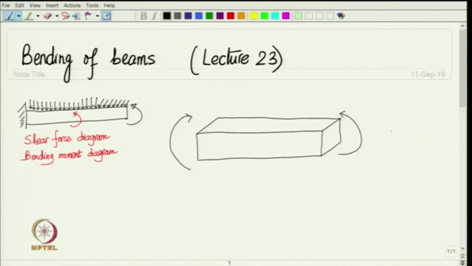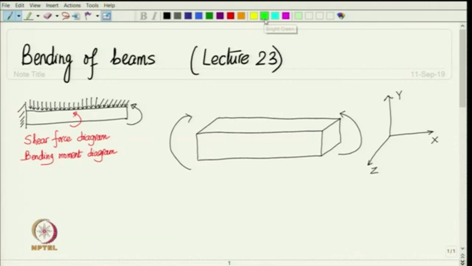Let us define the coordinate system here. So, suppose x axis is along the axis of the beam, y axis goes vertically upward and z axis is coming out of the paper. Okay. So, in this case you see we have two end cross sections.